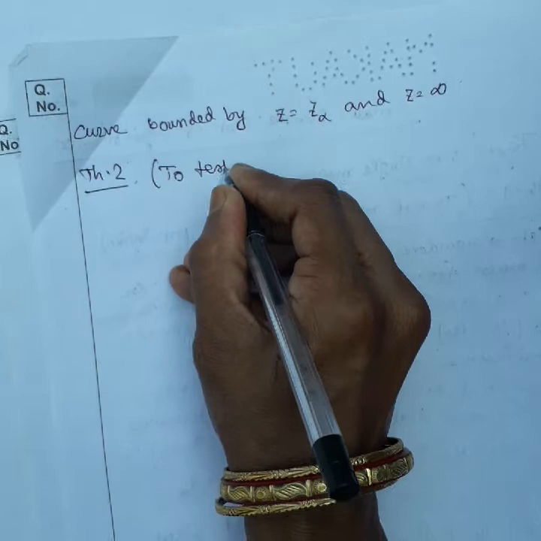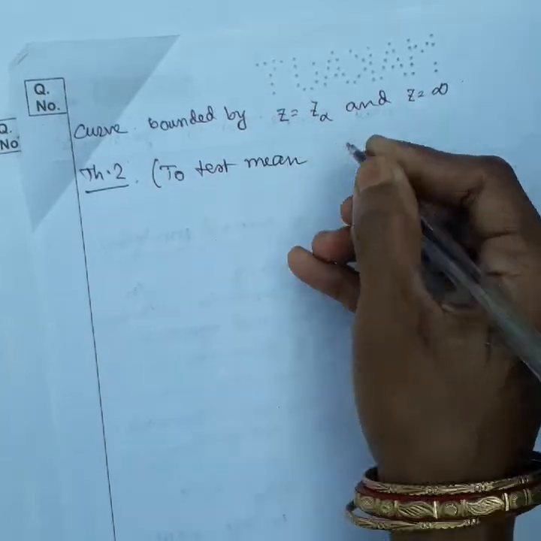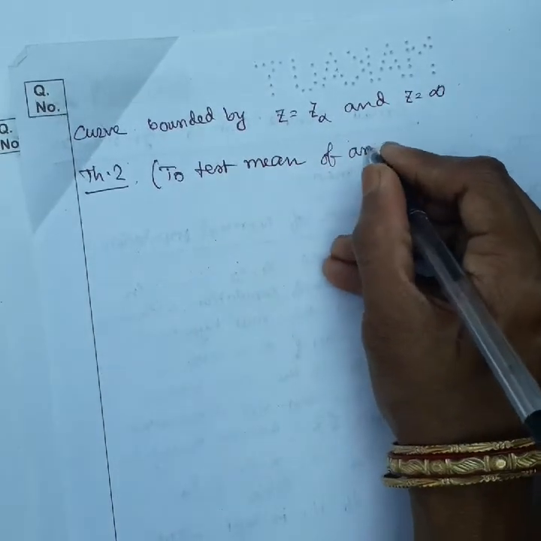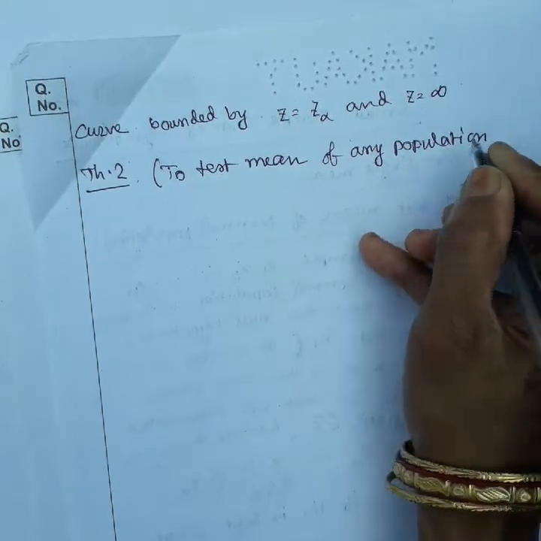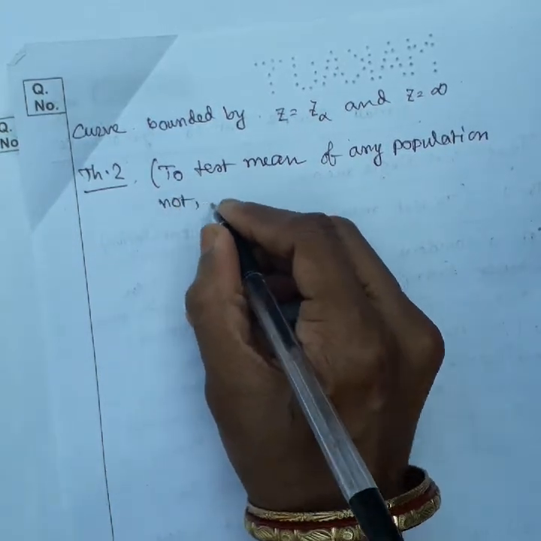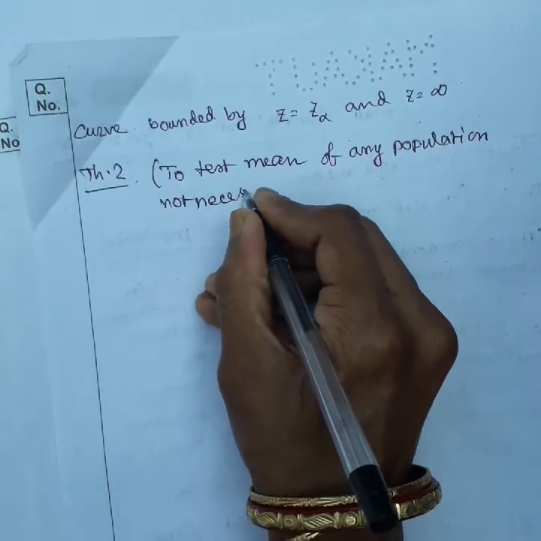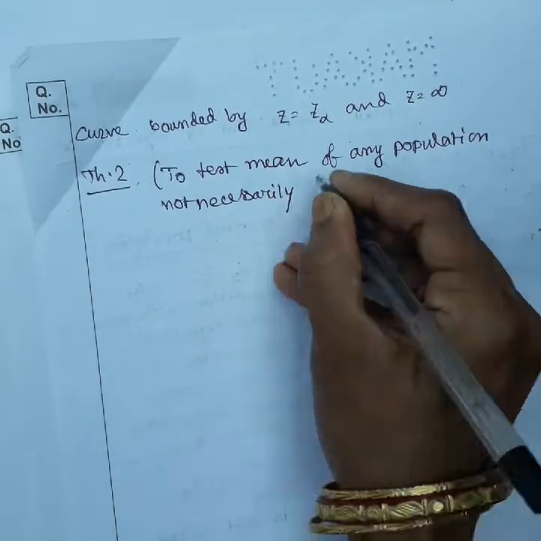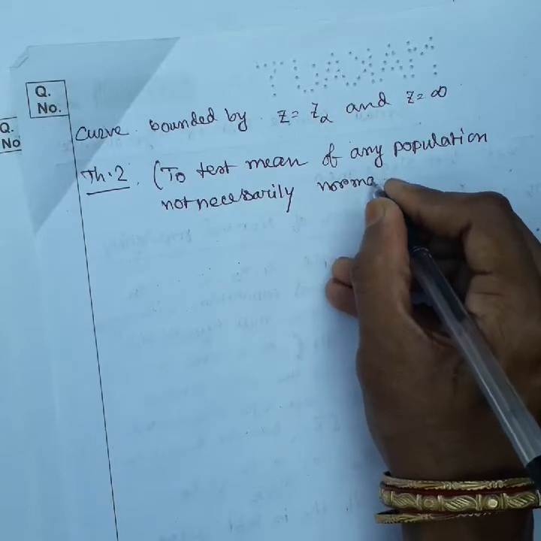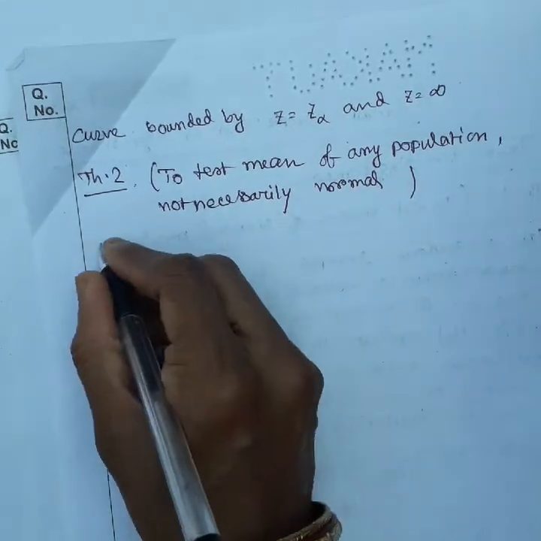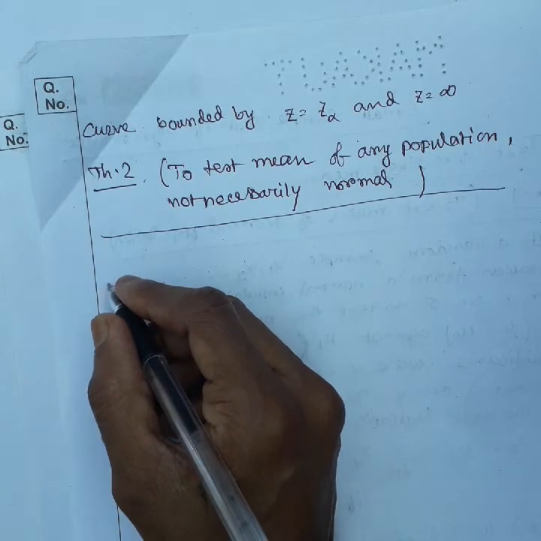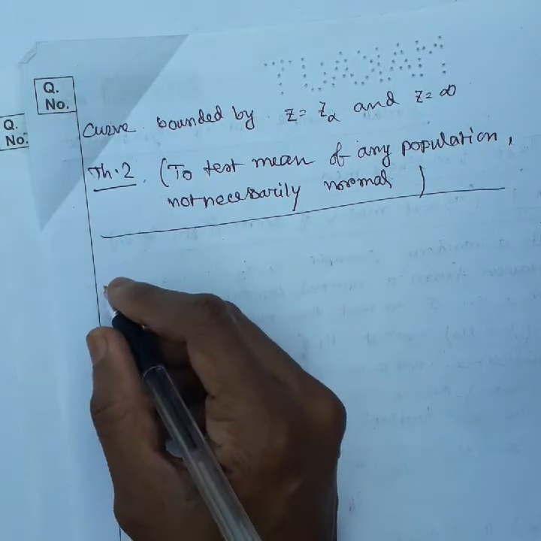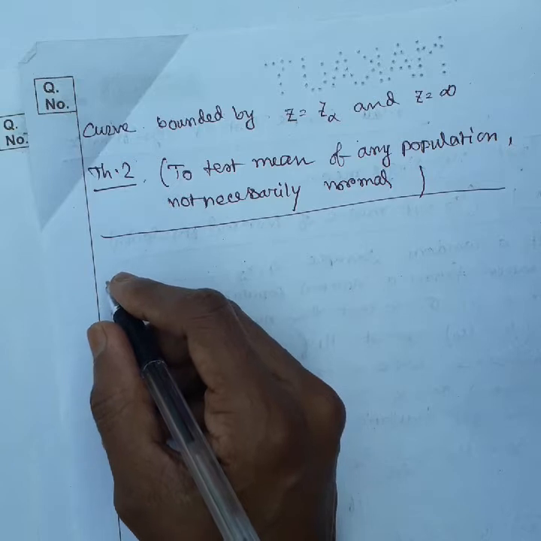So in that case, to test the mean of any population, not necessarily normal. For a normal population we found it in our previous chapter.